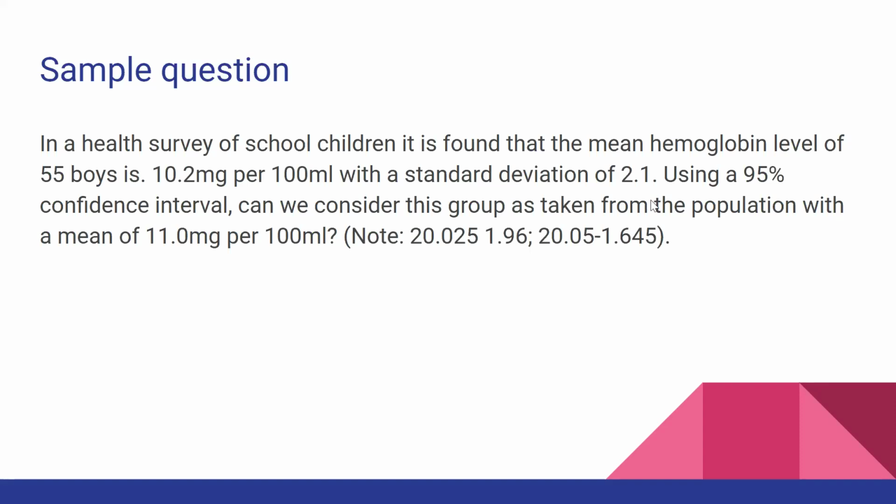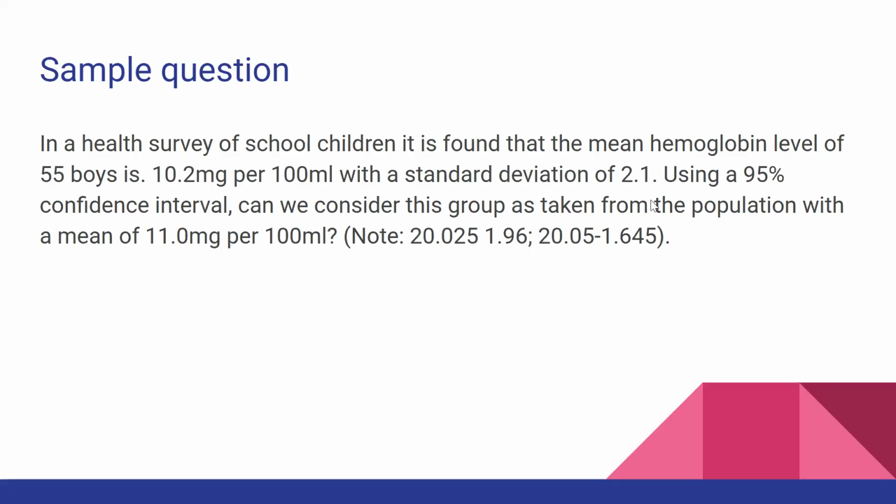In a health survey of school children, it is found that the mean hemoglobin level of 55 boys is 10.2 milligrams per 100 ml, with a standard deviation of 2.1. Using a 95% confidence interval, can we consider this group as taken from the population with a mean of 11 milligrams per 100 ml?